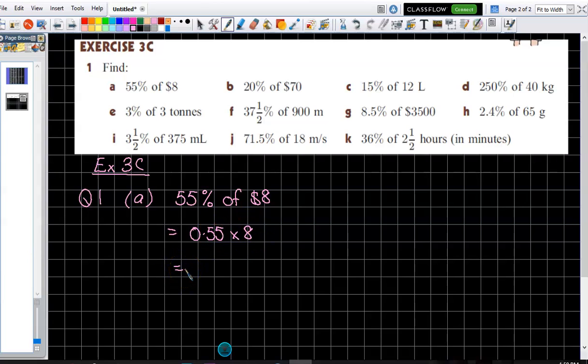That was like 15 seconds, if that. So this should not take us all day. If you didn't like the 0.55, then you would say 55 out of 100 times 8, whichever you prefer. Pick one.